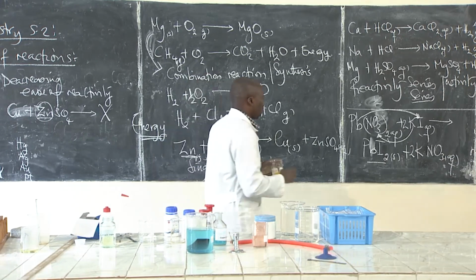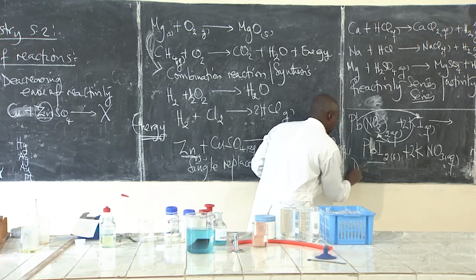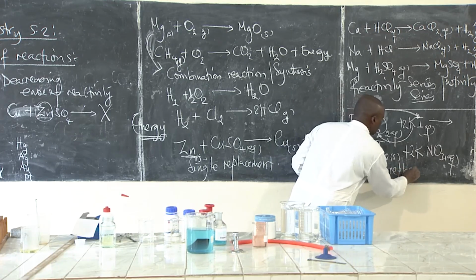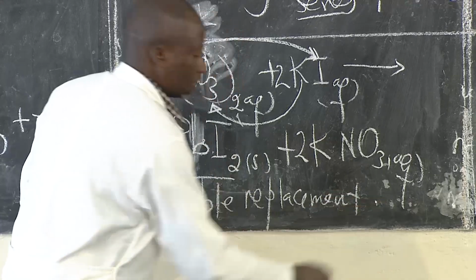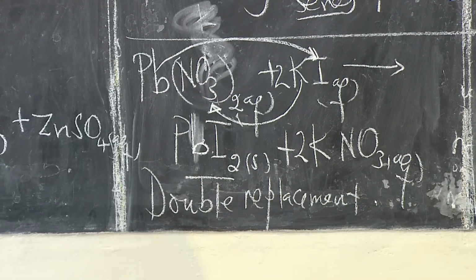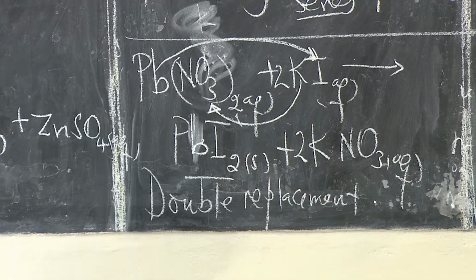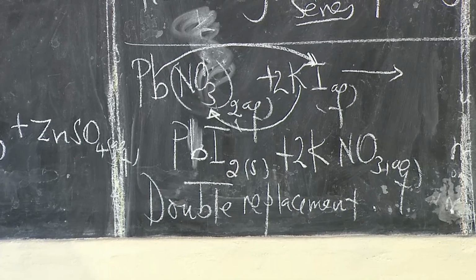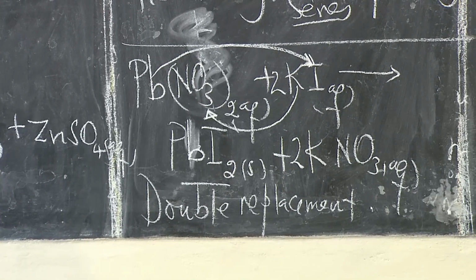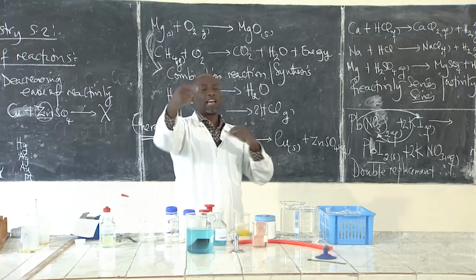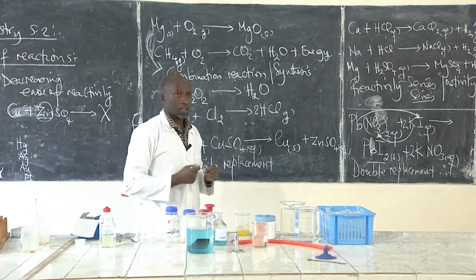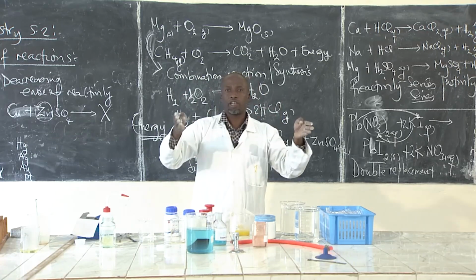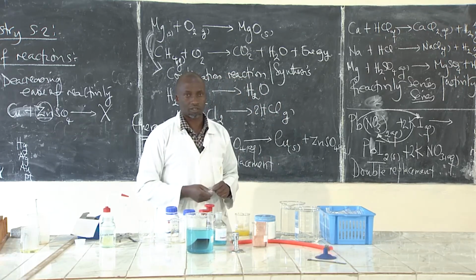Good. So this type of reaction is what we call double replacement. So in a double replacement, you have two aqueous solutions combining together to produce a solid and another aqueous solution. So a solid is formed from two aqueous solutions, two soluble solutions.